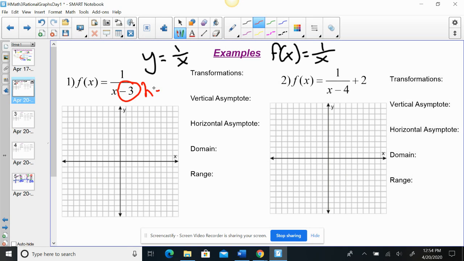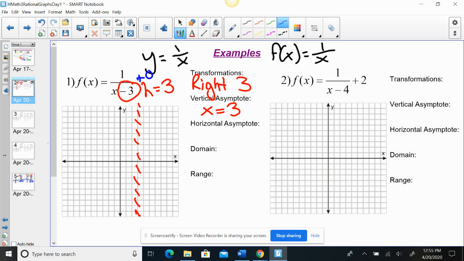So this is actually telling me that h is +3, which means I'm going to move my function right 3. So my vertical asymptote here is going to be x equals 3. So I'm going to go 1, 2, 3, right 3, and I think of this kind of like an electric fence because you can get close to it, you just can't touch it. So there's my asymptote.